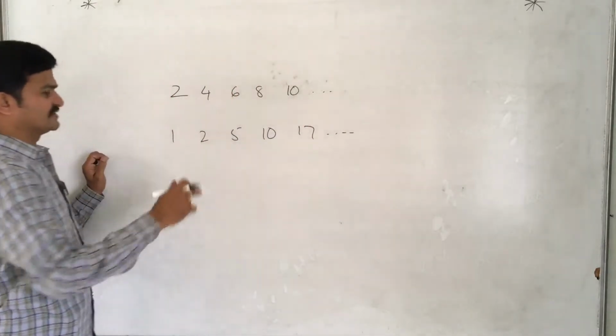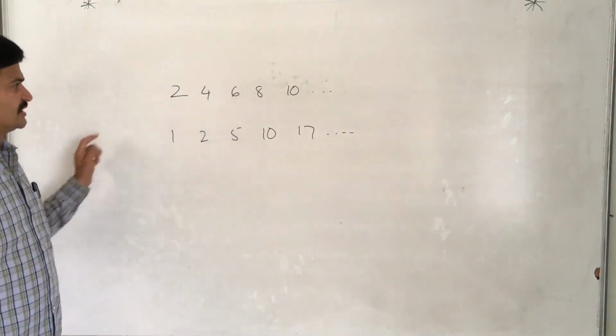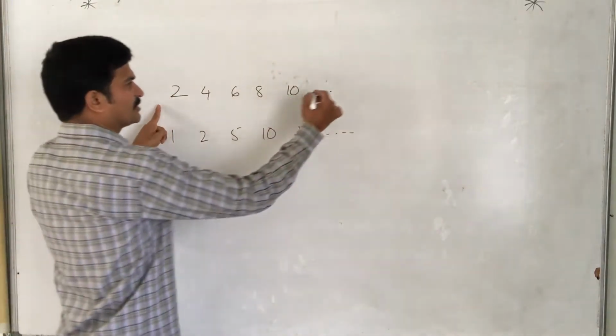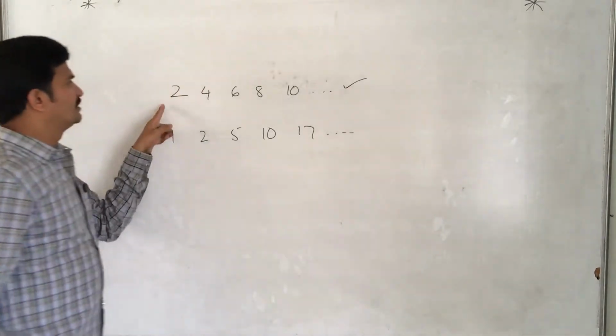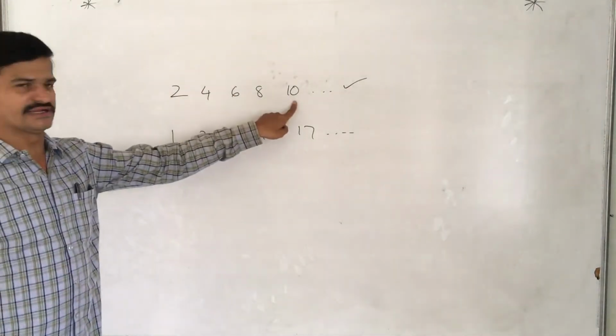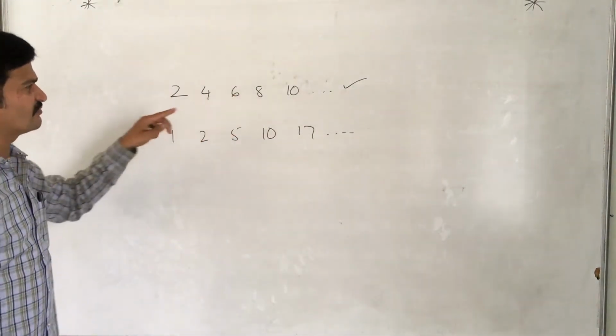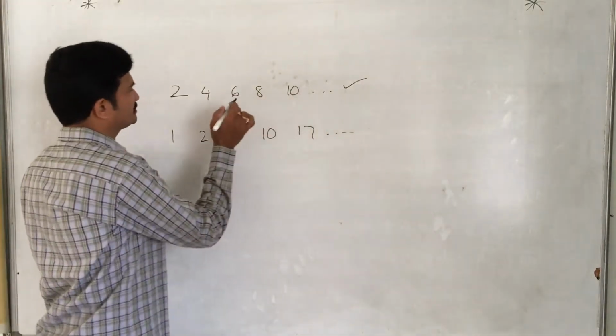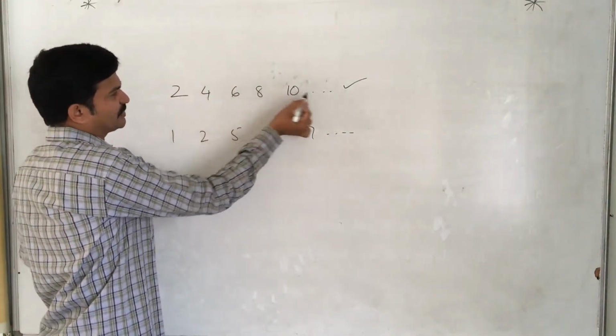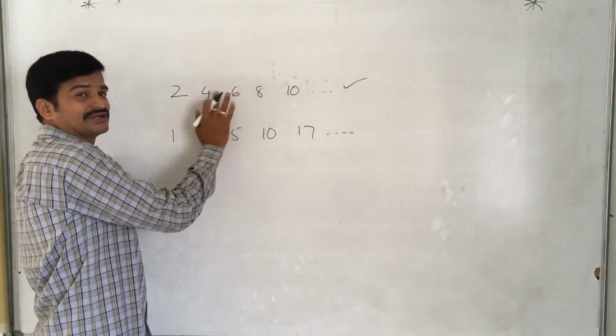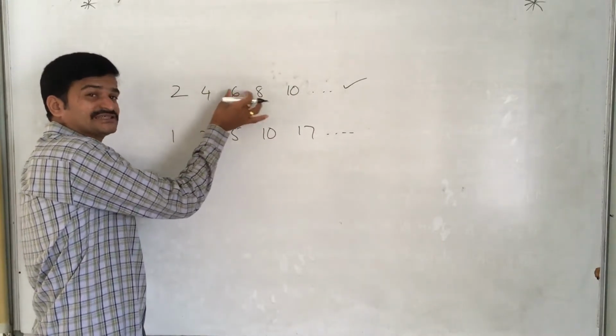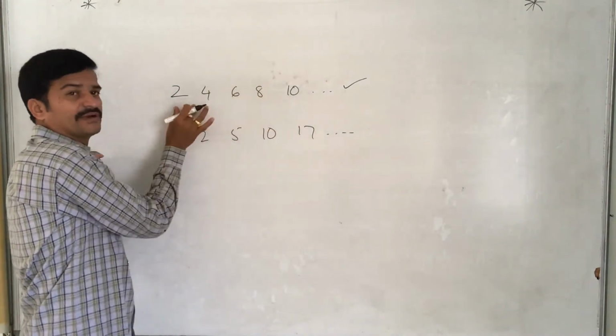What is the difference between this one and this one? See here, the first pattern 2, 4, 6, 8, 10. Clearly we can say what number will come next, because every two consecutive numbers differ by only 2.